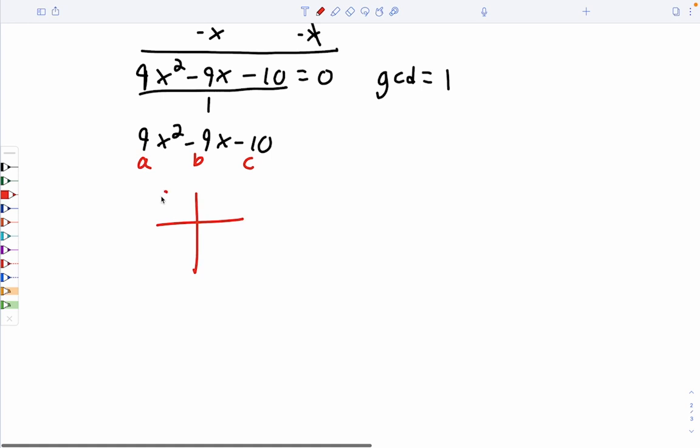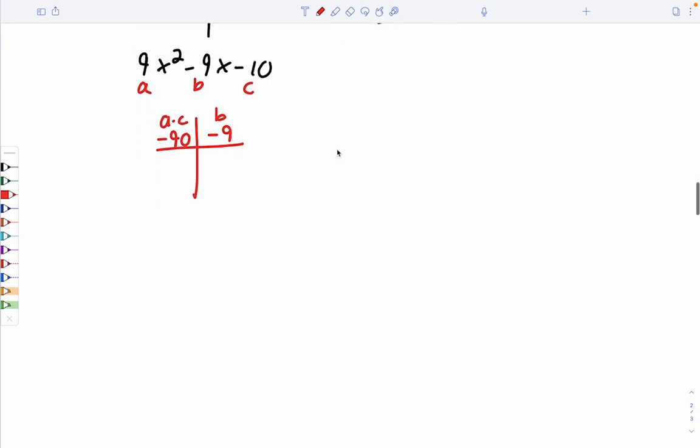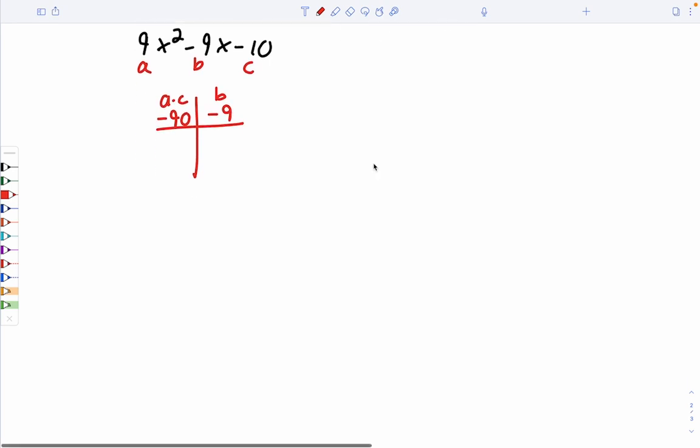So in the top left corner, A times C would be 9 times negative 10, which is negative 90. In the top right corner, my B value would be negative 9. Now, again, we need two numbers that multiply to make negative 90 and add to make negative 9.